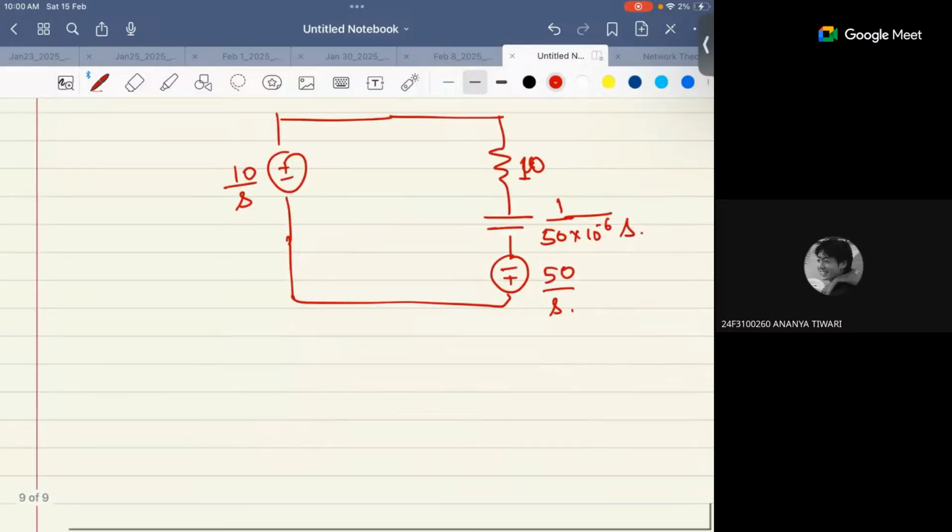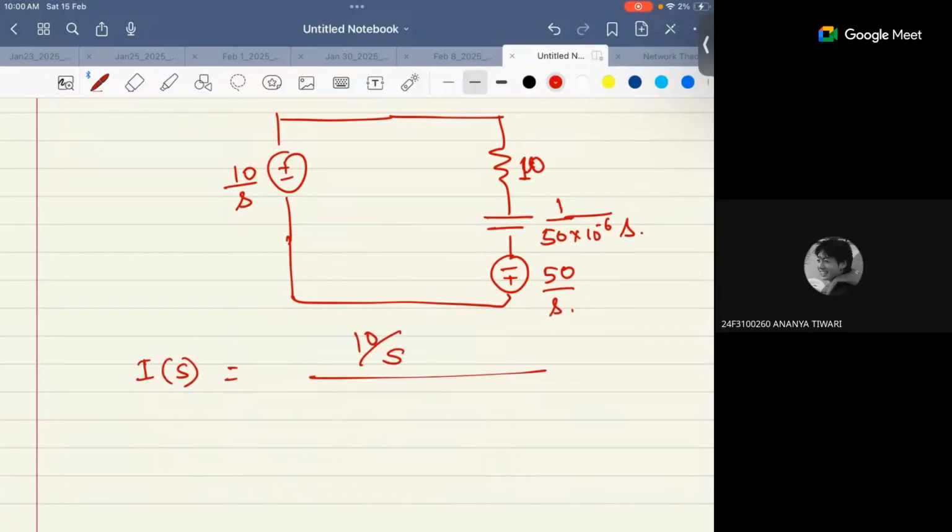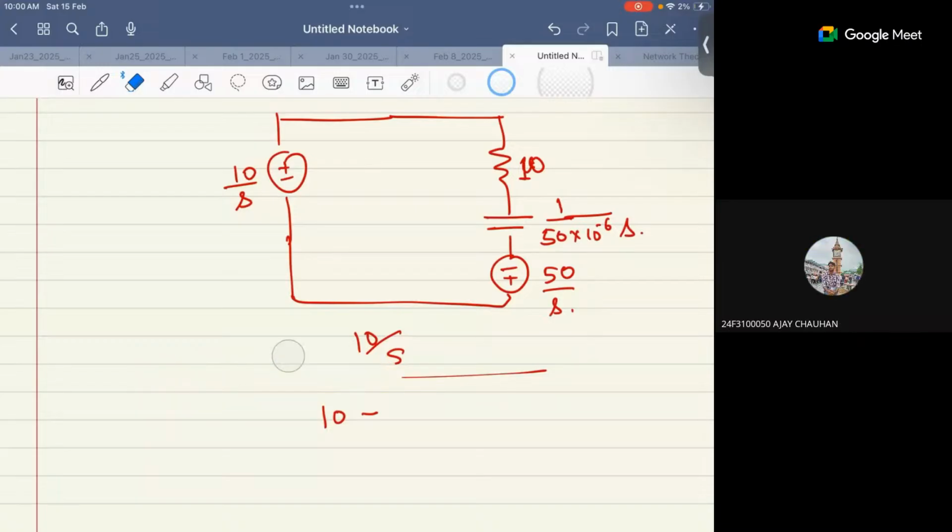So to calculate I(s), you have to write the equation.